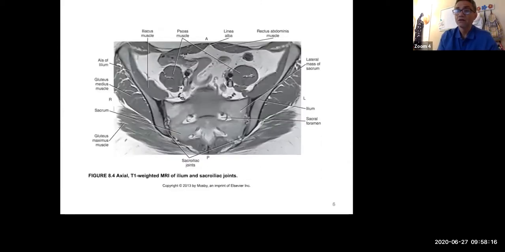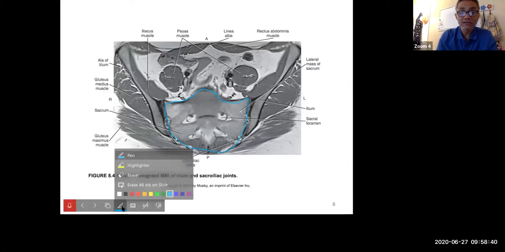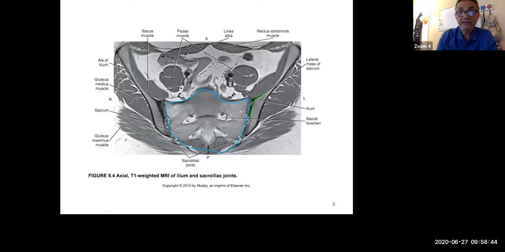Most of those bones will appear on our image, and you can see over here they are showing you an axial cut at the level of the sacroiliac joint. In the midline and more toward the posterior, we said I have the 5 fused sacral vertebrae, and they are going to articulate on the right and the left, respectively, with the iliac bone.